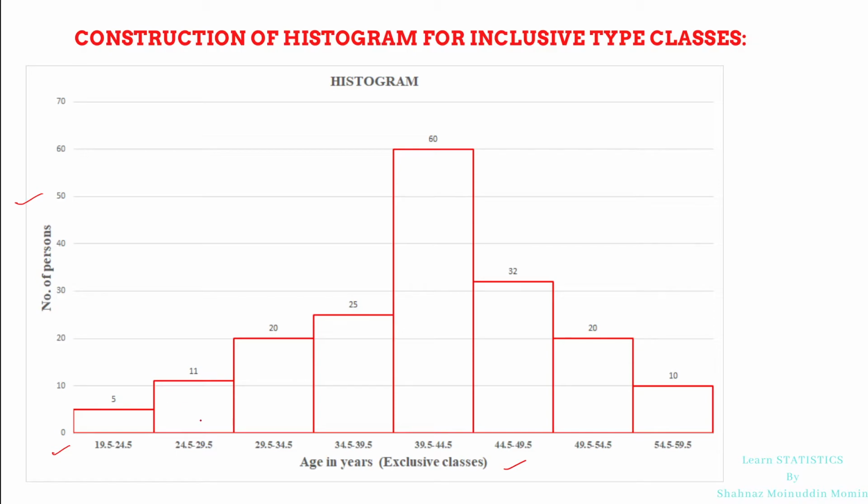Similarly, for the next class 24.5 to 29.5, draw a rectangle with height equal to 11. Similarly, for the last class 54.5 to 59.5 with height equal to 10.